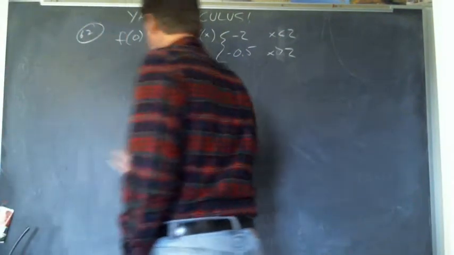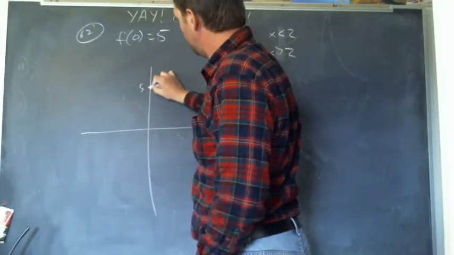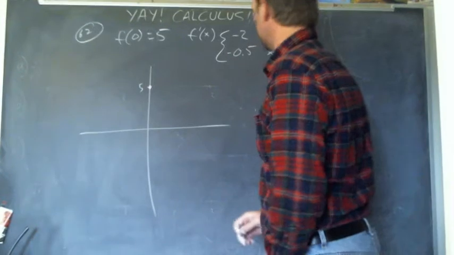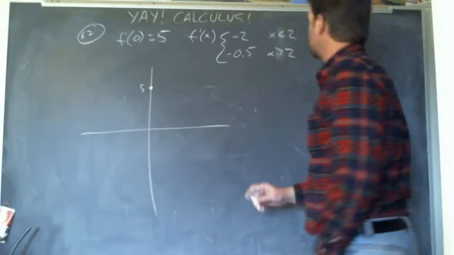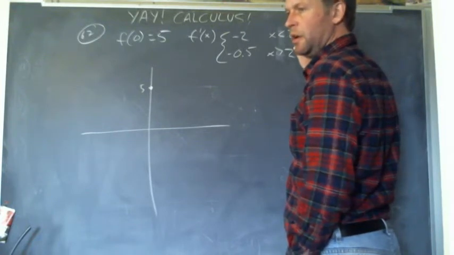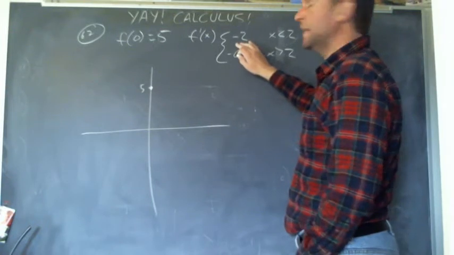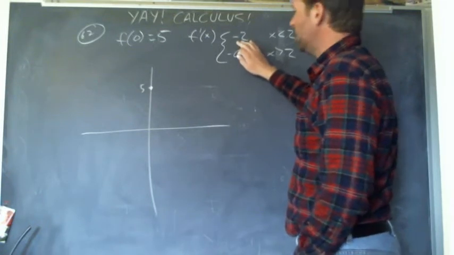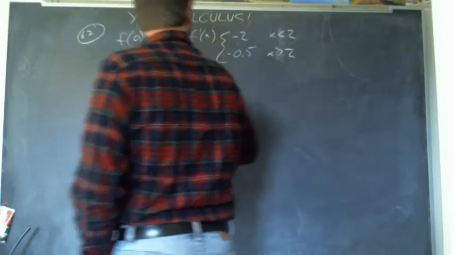All right, so f of 0 equals 5. Nice point. And it looks like for all x less than 2, our slope is -2. So that's a nice straight line. So we go a nice straight line up to 2.